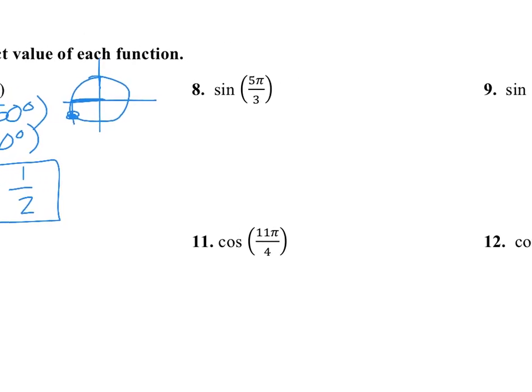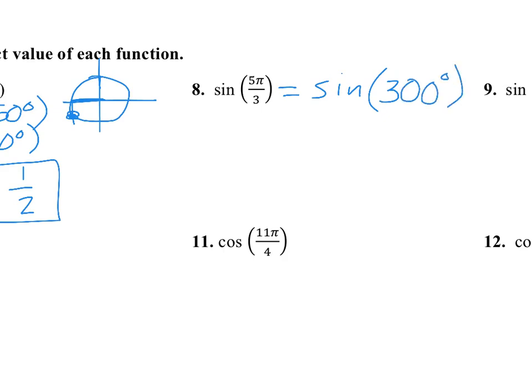Okay, I'm going to convert this to degrees. And the easy way for me is replace pi with 180. 180 divided by 3 is 60. 60 times 5 is 300.